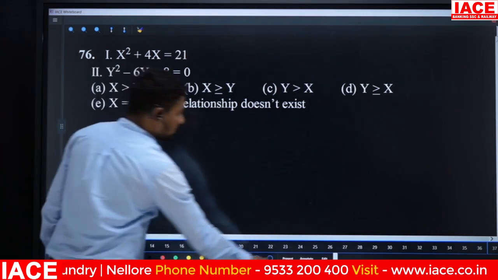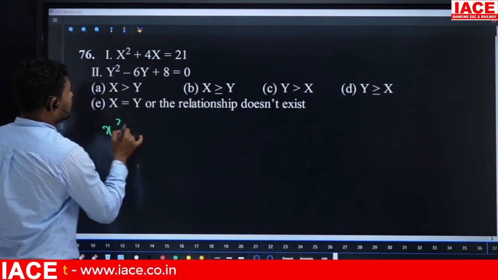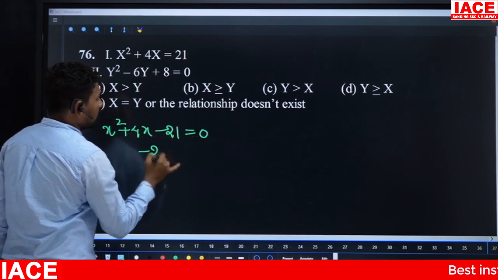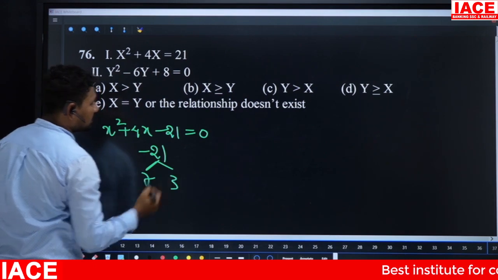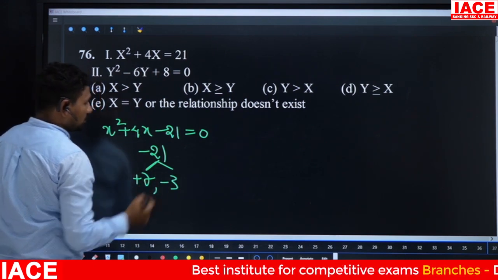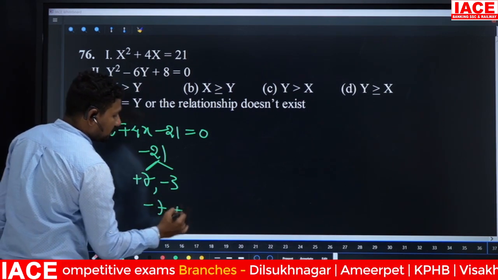And coming to the next one, here x square plus 4x is equal to 21. We can write x square plus 4x minus 21 is equal to 0. Minus 21 we can write 7 comma 3, plus 7 minus 3, but the final factors are so negative, plus becomes minus and minus becomes plus. Minus 3 becomes plus 3.